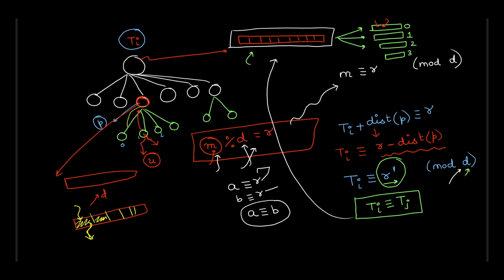So they will be transferred over here and so on. So what can we conclude from this? That this relation is true: all the elements that are equal to each other in the modular world of D, if Ti is equal to Tj, are part of one single bucket, and only those elements will be allowed to pass through this node to this node.